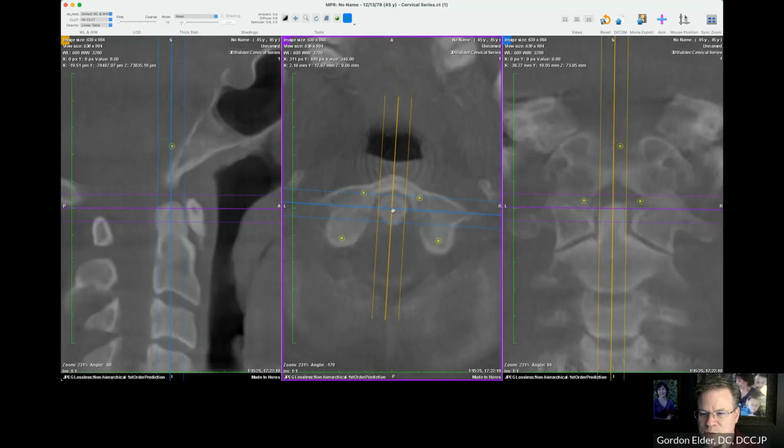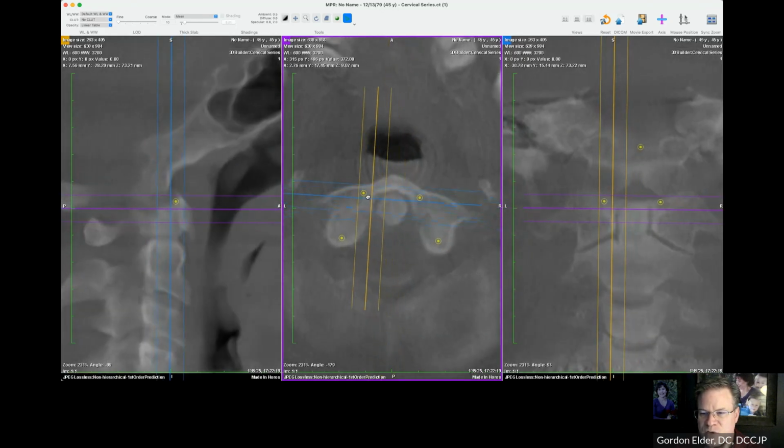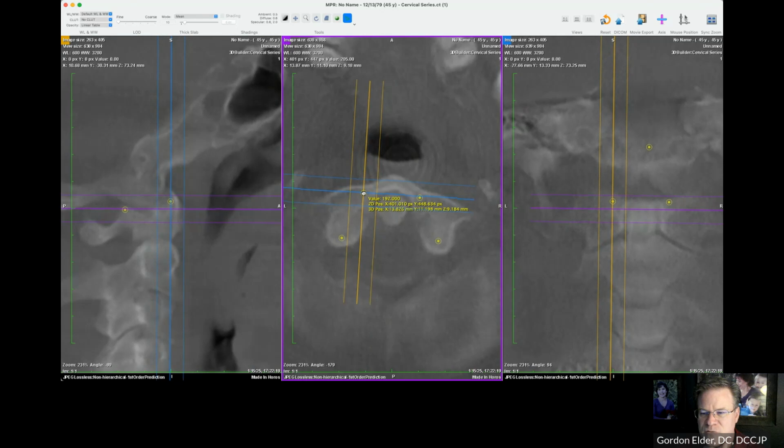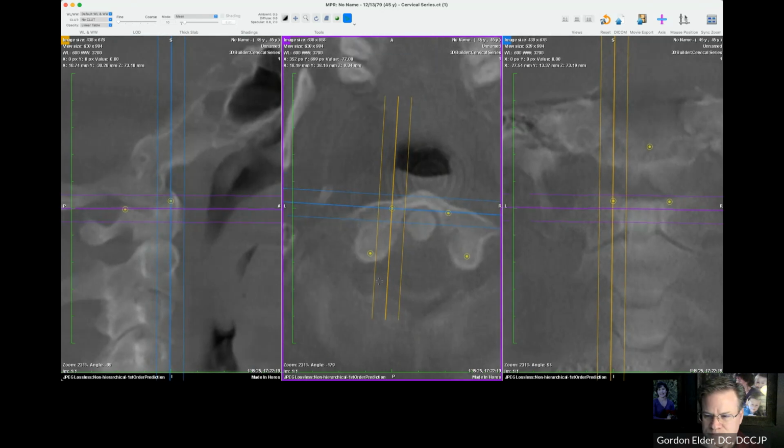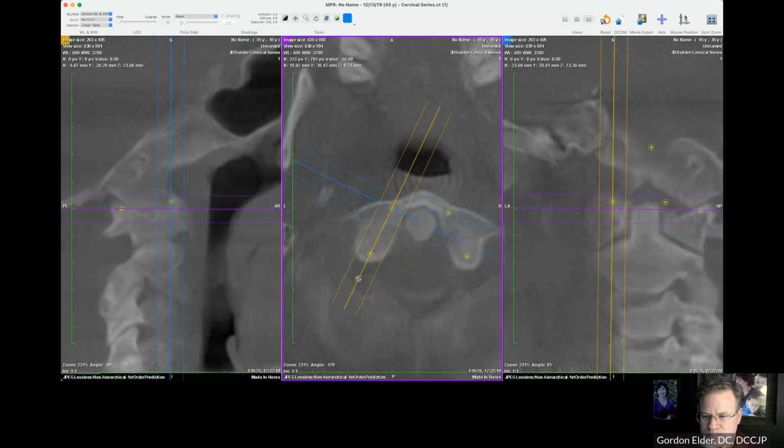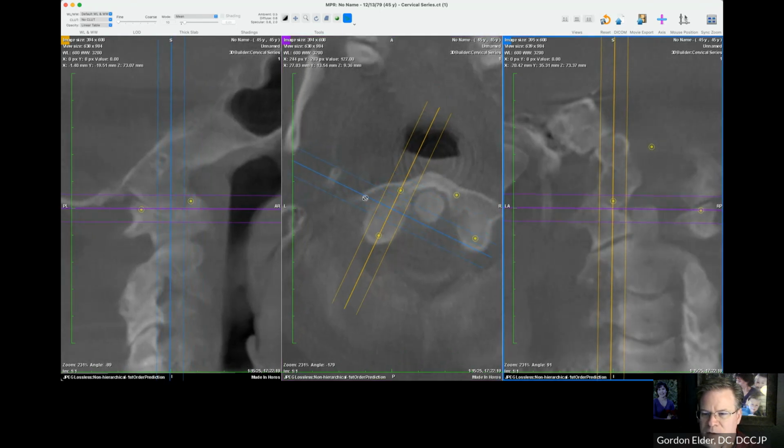So what we're going to do is line up our crosshairs with that convergence angle. We're going to start with the left side. And the spot the furthest away from the center line here is the spot we want to look at. And typically that's going to be a little bit anterior to the vertebral foramen.